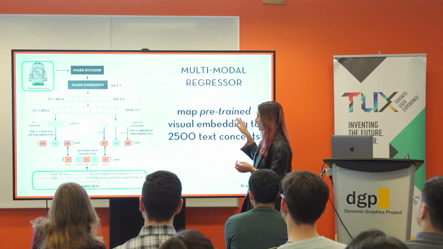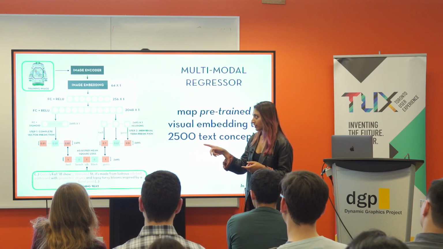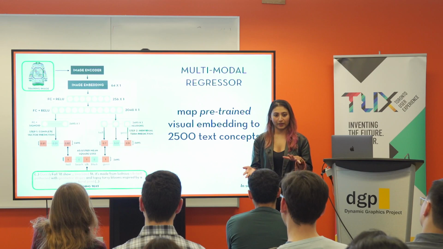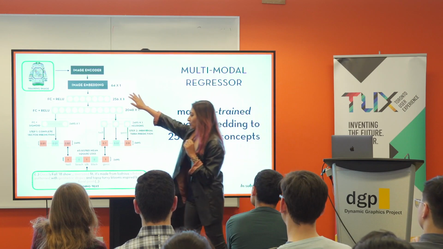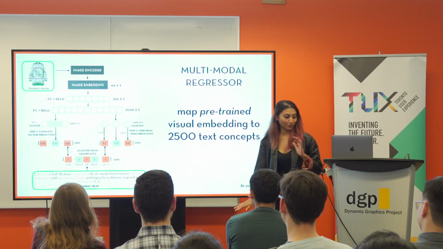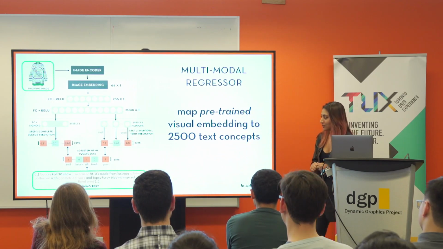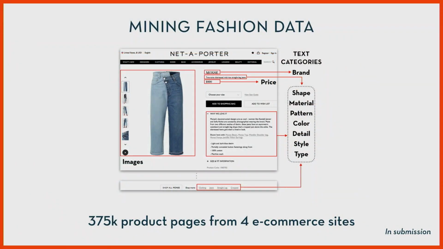Now there's this little detail here that I'm mostly going to gloss over, and that's the fact that we trained from a pre-trained visual embedding. And it's interesting because prior work here has actually done training with what they call joint training. So they were basically learning a visual space and a language space, or a space over words, at the same time. But what ends up happening is when you collect data, so we were collecting data from product pages, when you collect the images and the text, so the copy associated with an image, what you find is that the text is actually often incomplete.